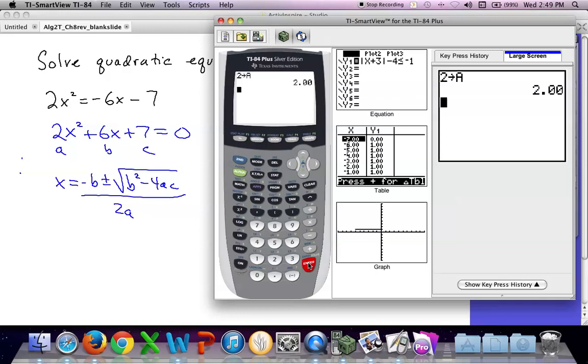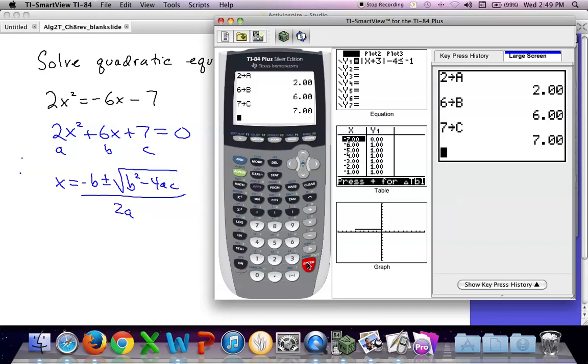Now I'm going to store b equals 6: 6, store, alpha B. And now 7, store, alpha C. Now the calculator thinks it knows the values of a, b, and c.